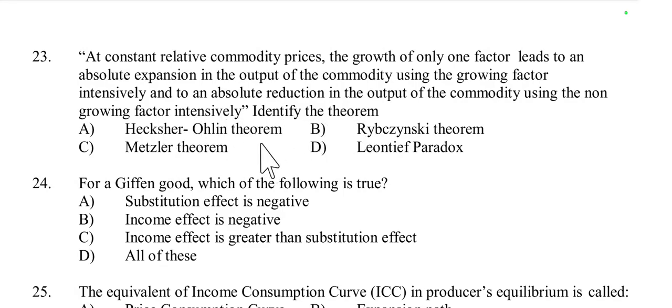Identify the theorem of HOS theory: Rybczynski theorem, Maslow's theorem, or Leontief paradox. So it is called the Rybczynski theorem. It states that at constant commodity prices, an increase in the quantity of one factor of production will lead to an increase in the output of the goods that use that factor intensively and a decrease in the output of the other good. So option B is right here.